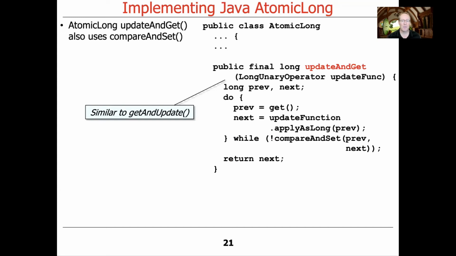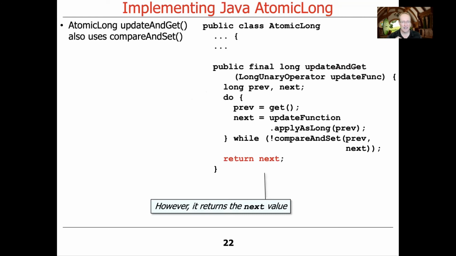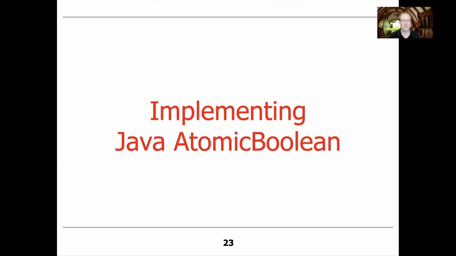And then there's also another method called update and get, which also uses compare and set. And the main difference is it returns the new value or the next value rather than returning the previous value. So it's kind of like the difference between ++I and I++. You can kind of think of those things in that way.